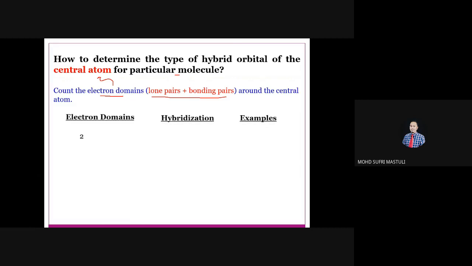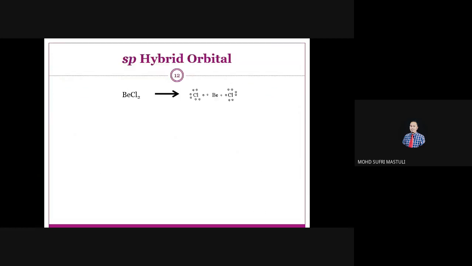If the electron domain is 2, the hybridization is sp. If it is 3, the hybridization is sp2. If it is 4, sp3. If it is 5, sp3d. Last one, if it is 6, the hybridization becomes sp3d2. Okay.